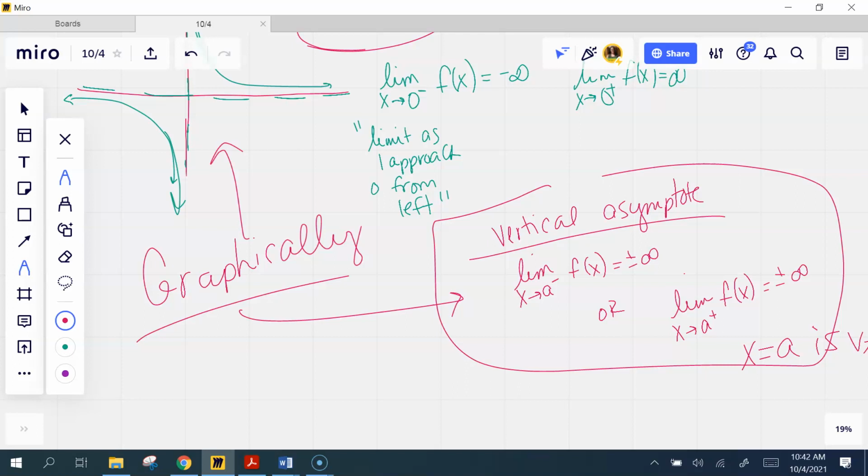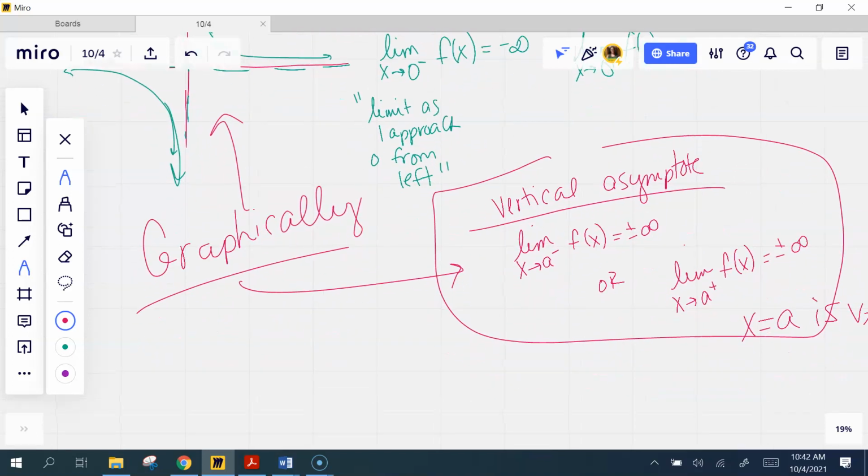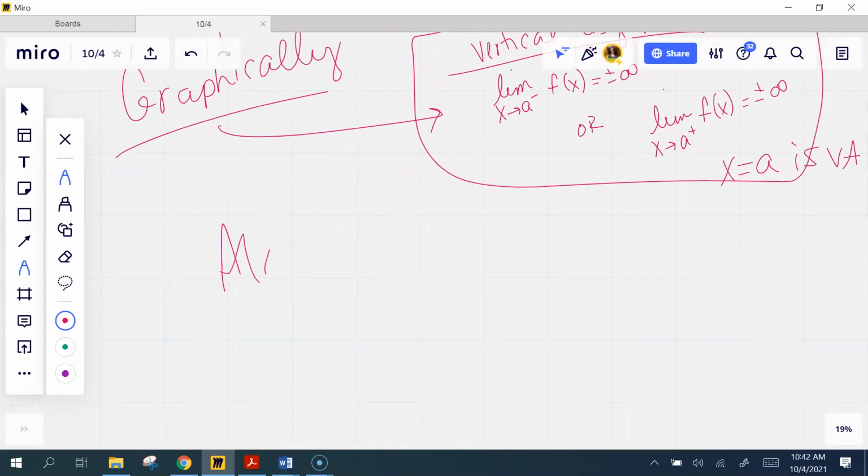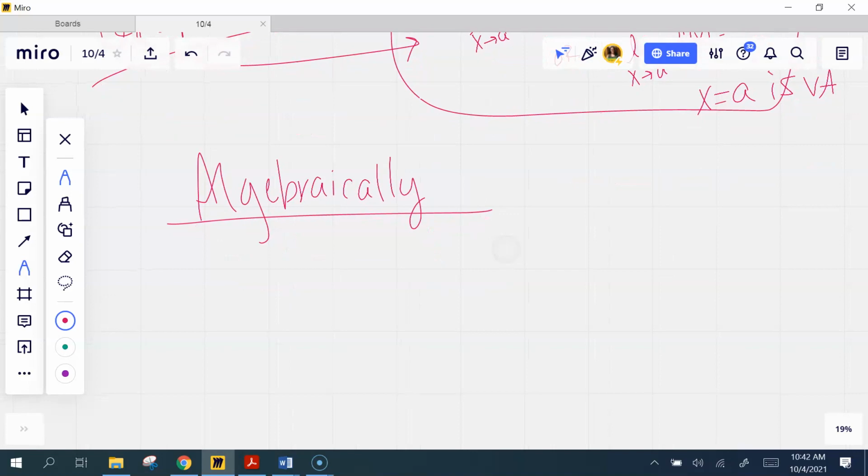Let's say I give you, and this works with rationals, is that a rational function? Yes. Without graphing it, do you see any problems I may have in the graph?